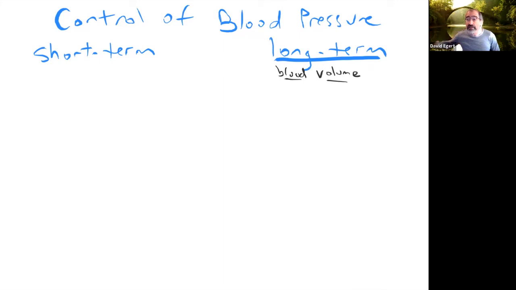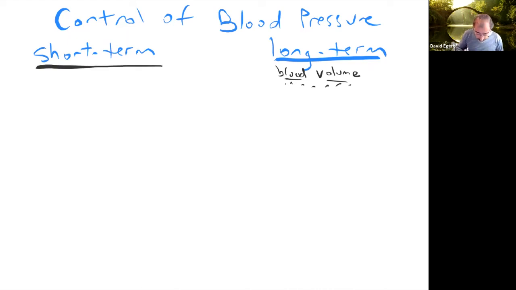But you don't want to have your heart speeding up forever to keep your pressure up. So the main long-term set point, the resting blood pressure, is ultimately going to be about blood volume. And we're going to see in particular the renin-angiotensin mechanism and other things that help adjust blood volume in a little bit.